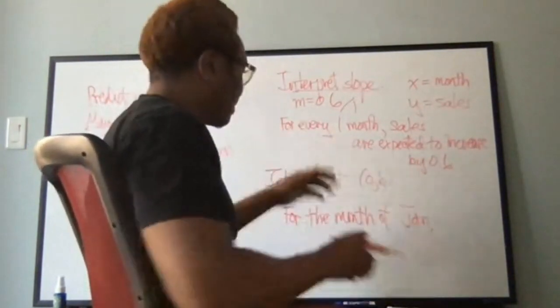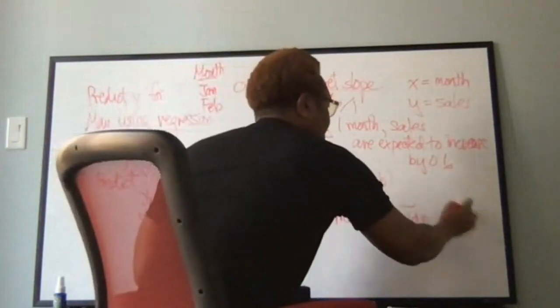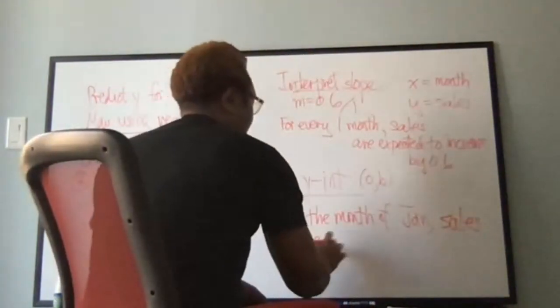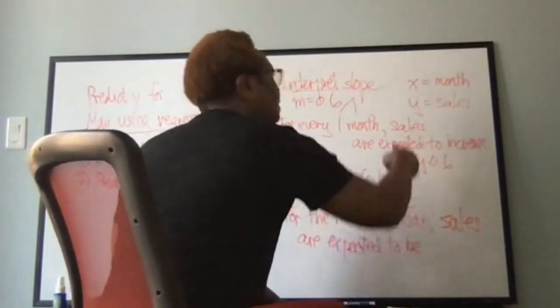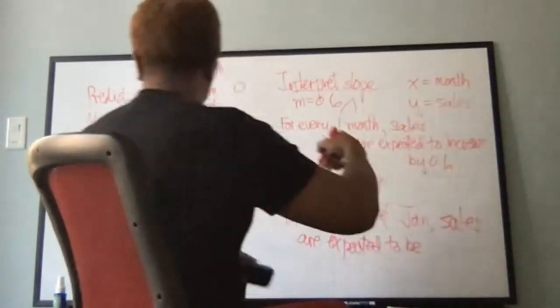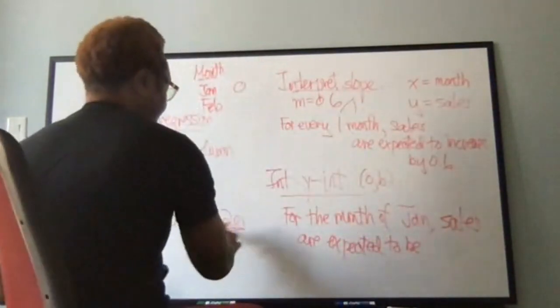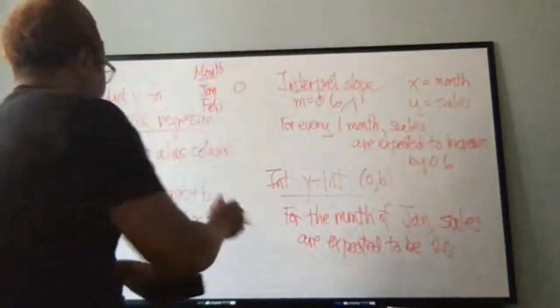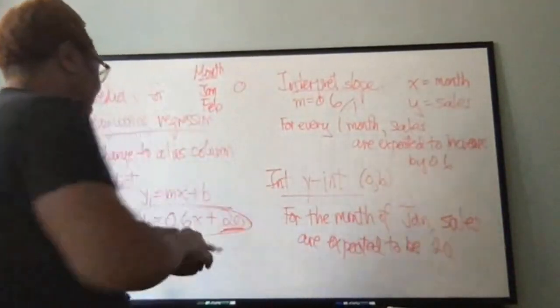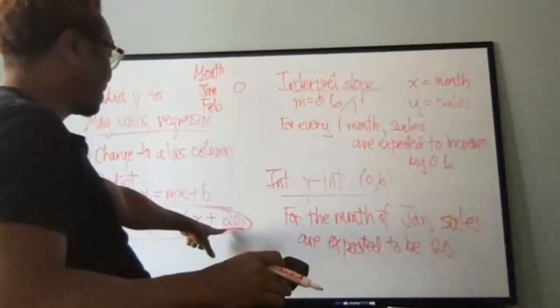For the month of January or whatever, sales are expected to be, going back to here, 20. I just made this data up, but assuming this is my regression equation, my y-intercept is 20.